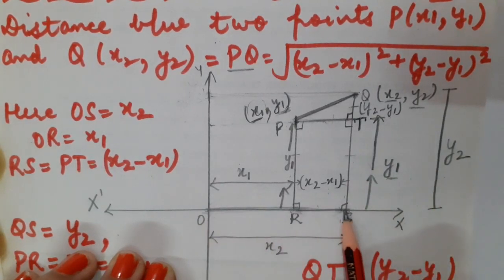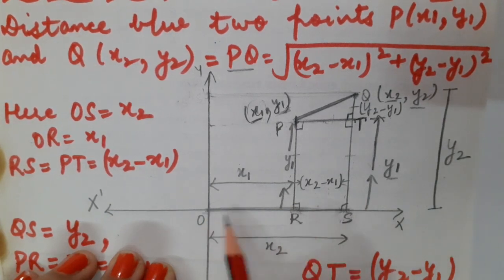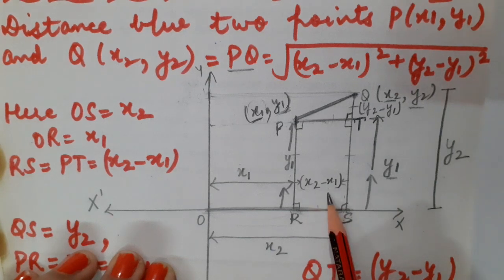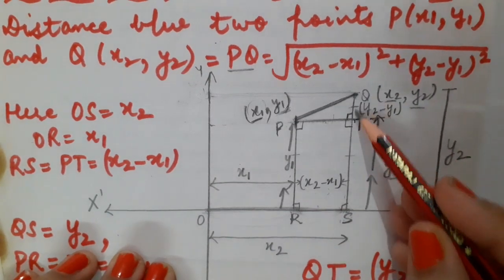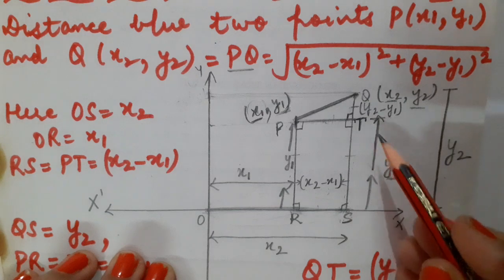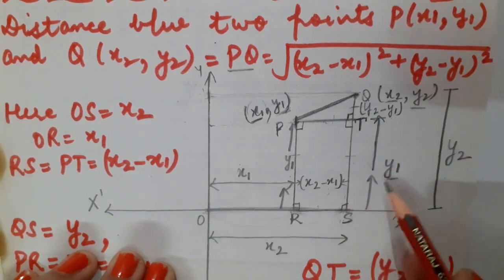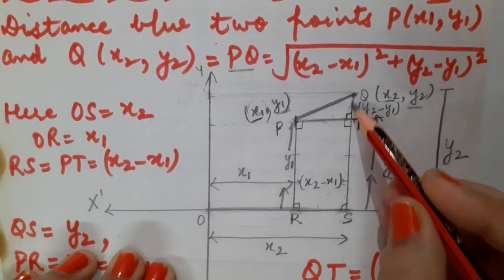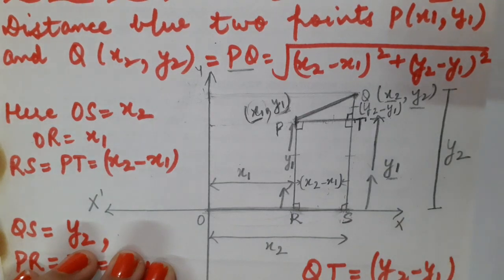Now OS is equal to x2 and OR is equal to x1. So children, can you tell me what is this RS? It would definitely be x2 minus x1. In the same manner, if complete QS is equal to y2 and TS is equal to y1, then this QT must be equal to y2 minus y1.